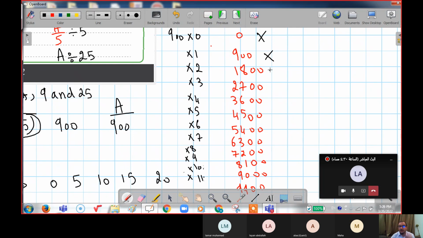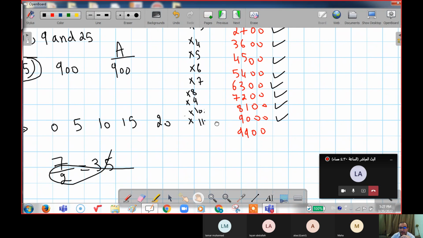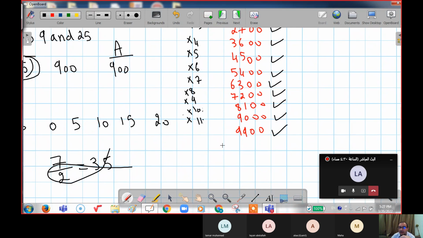I will count 1,800: 1, 2, 3, 4, 5, 6, 7, 8, 9, 10. If I choose now times 12, which is equal to 10,800, how many digits do we have here? 1, 2, 3, 4, and 5.